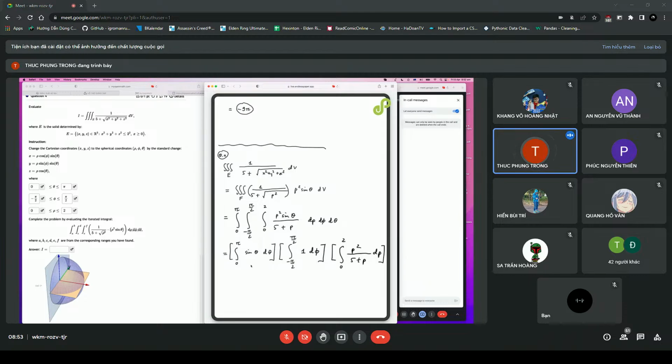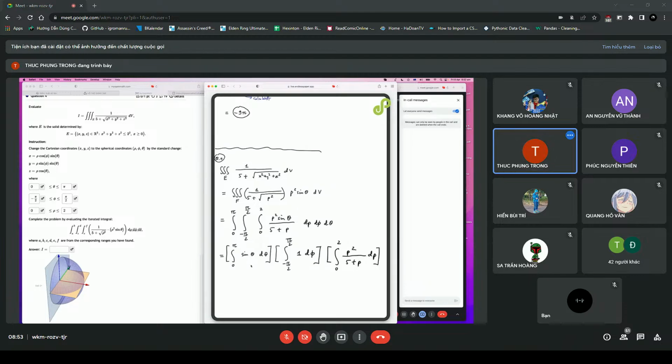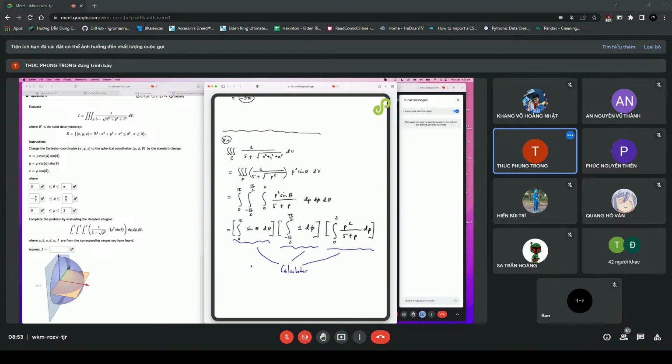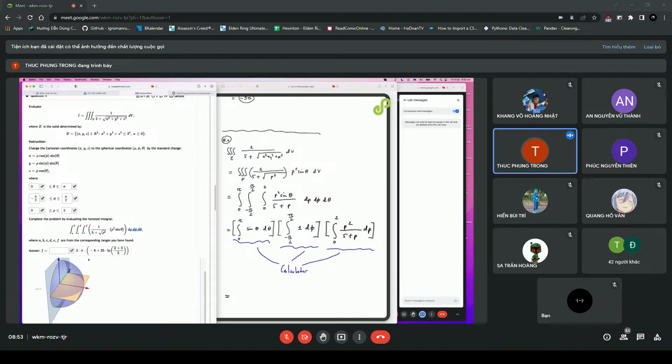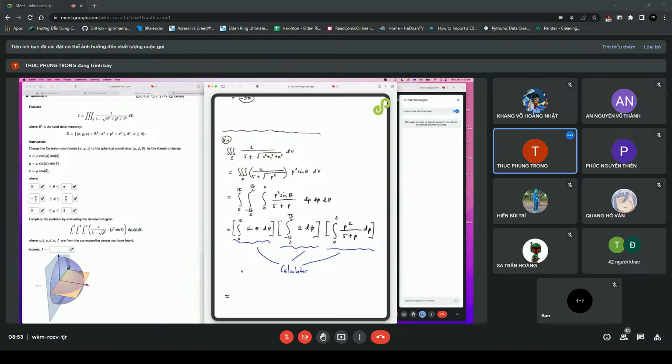And then we get the answer. Yeah, it's not a decimal number, but you can get something right here. So that's question number 4.